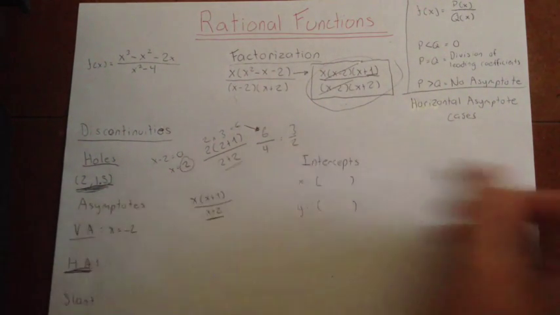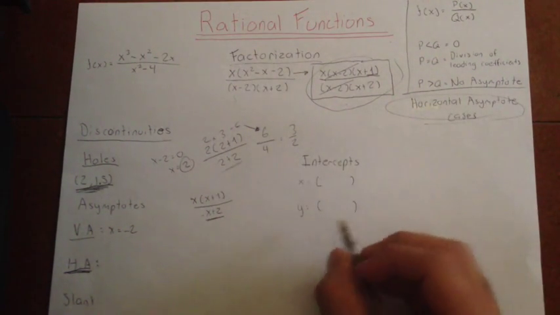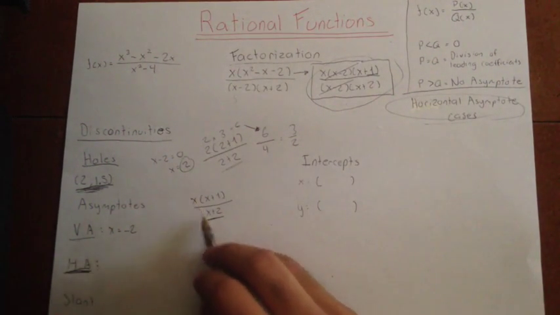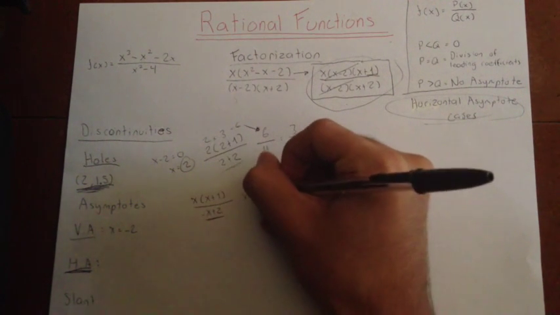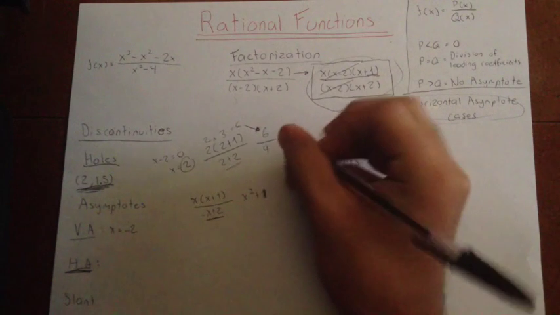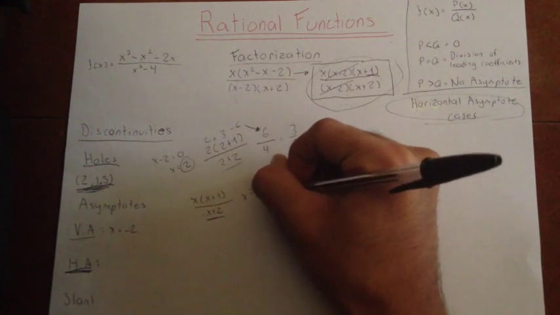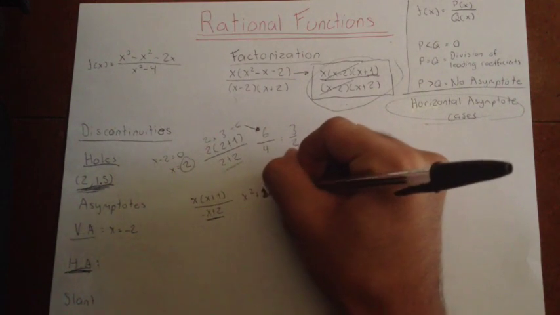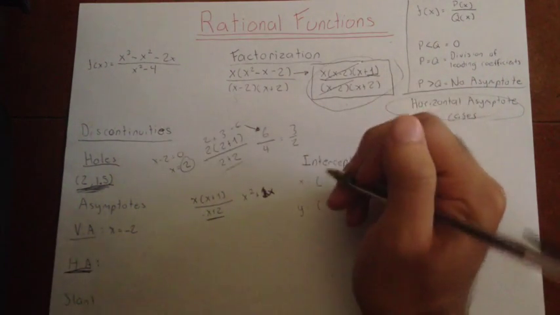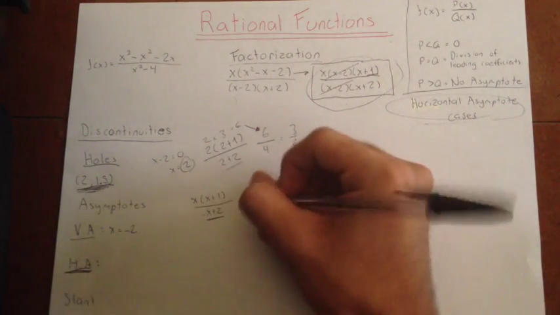Our next step is to find the horizontal asymptote. Now that is a little bit trickier. In order to find it, we must remember 3 simple rules. If the leading coefficient of your numerator is smaller than the leading coefficient of your denominator, your asymptote is at 0. If they're equal, you should divide the leading coefficients.